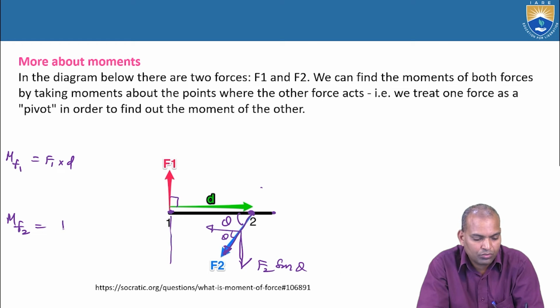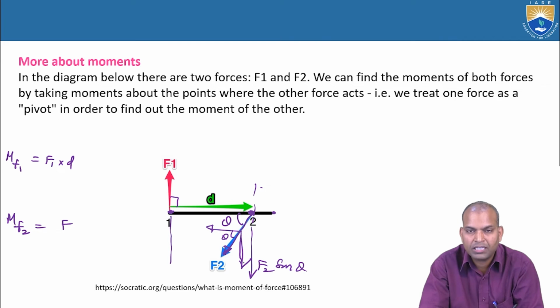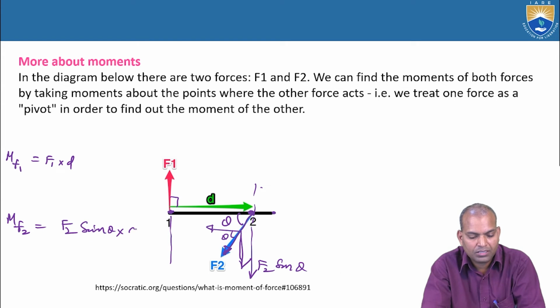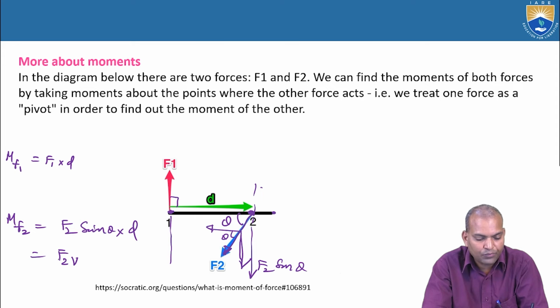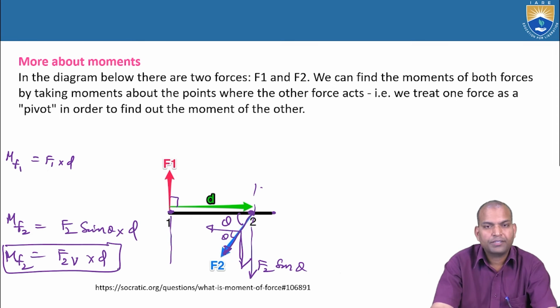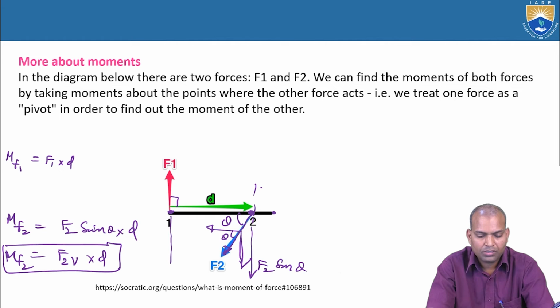The force along the line of action is now F2 sin theta. F2 sin theta times D. This F2 sin theta is known as F2V, the vertical component, times distance D. This is the moment of the force caused by the F2 force.